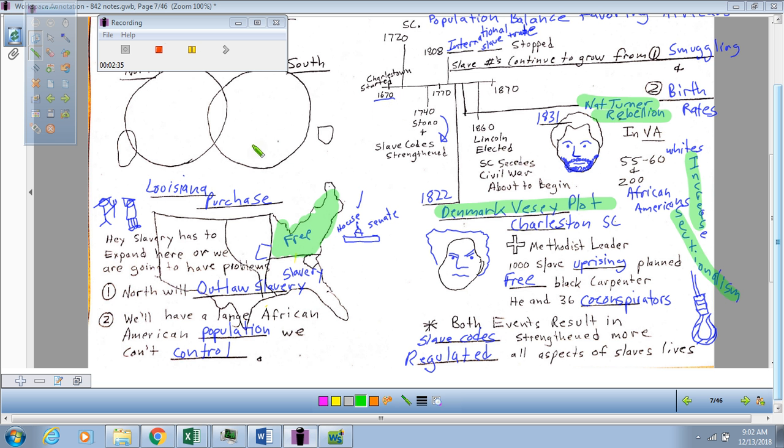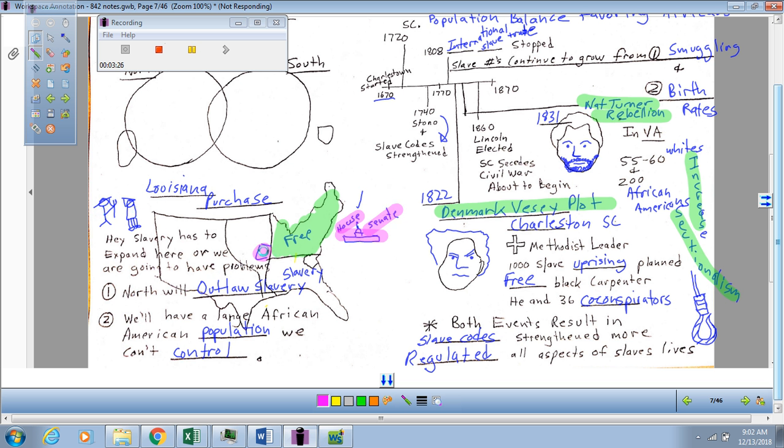The final thing we learned about was the Louisiana Purchase and the new states that would be formed from it. It was mainly political, but the South worried about whether the new states would be free or slave. This was because of control of Congress. The North had already taken control of the House of Representatives, but the Senate was balanced.